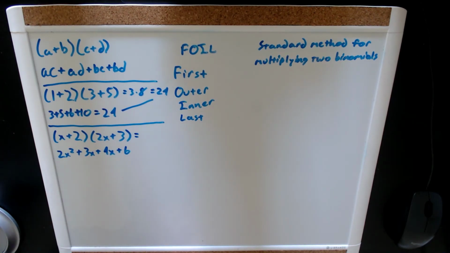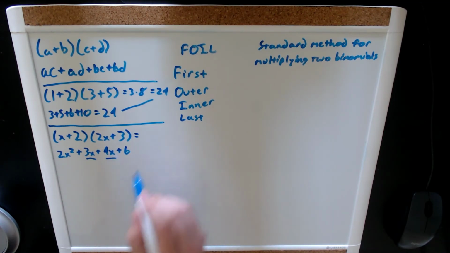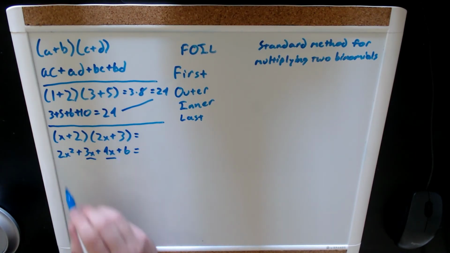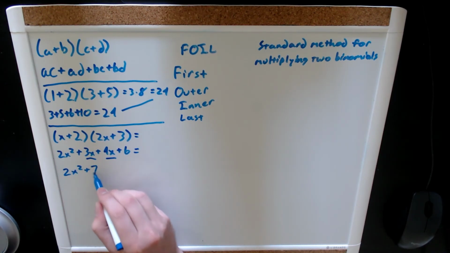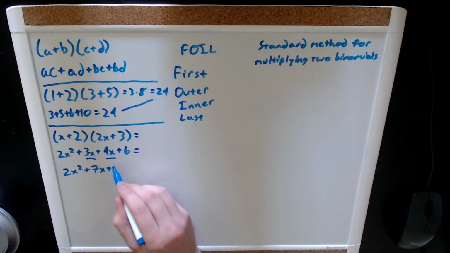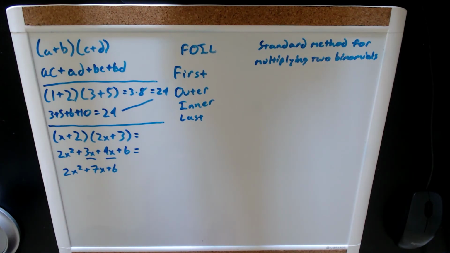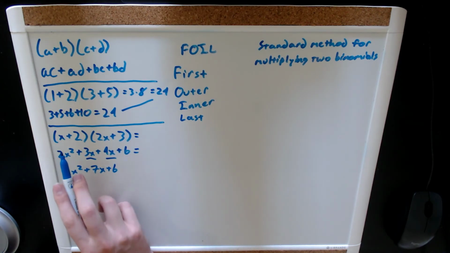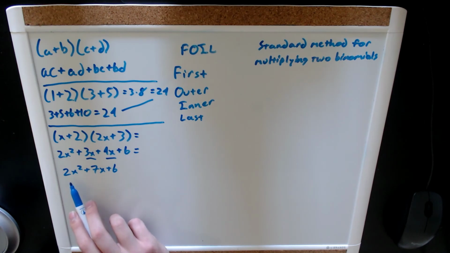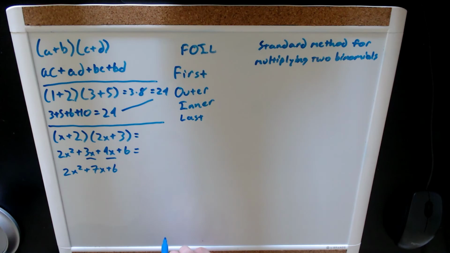In this case, we do have like terms that we can combine, our 3x and our 4x. So if we do so, we get 2x squared plus 7x plus 6. So you can see how this can be useful in order to simplify this out to something that you can write as a general form polynomial.